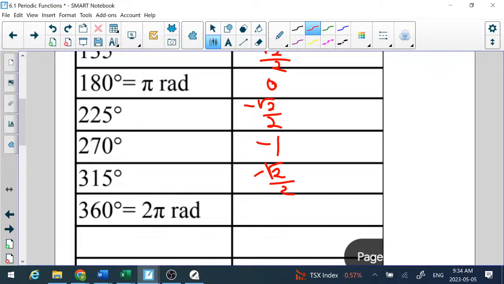And at 360? And guess what happens if I keep adding 45s to this? It's the same pattern that's going to repeat. You understand what I'm saying? Y'all want to graph this and figure out what it looks like?